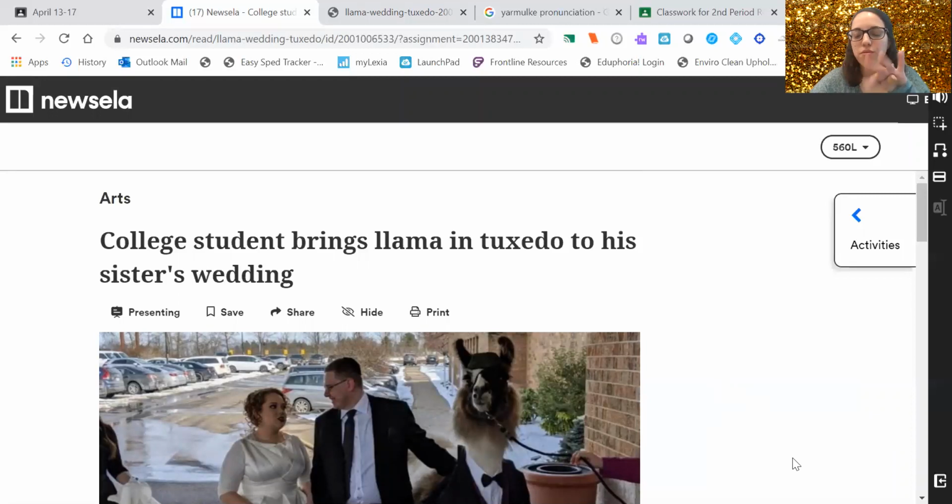Once you've answered all 4 questions, you will go ahead and turn it in. So you're first going to look at the vocabulary, then sign on to Newsela with your student email and ID, read the article, and answer 4 questions, okay?